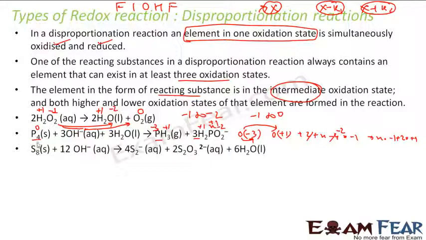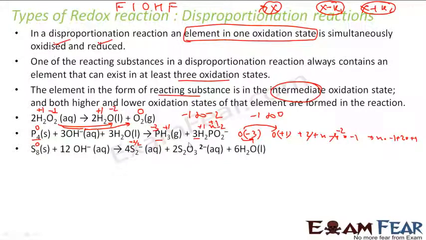Similarly, you can take an example: sulfur gives S2 minus and S2O3 2- with water. So here the oxidation state of sulfur has to be 0, free. For S2 minus, we can apply the ion rule, so 2x is equal to -1, so -1/2. Now S2O3 -2, let's solve this. Apply the formula.